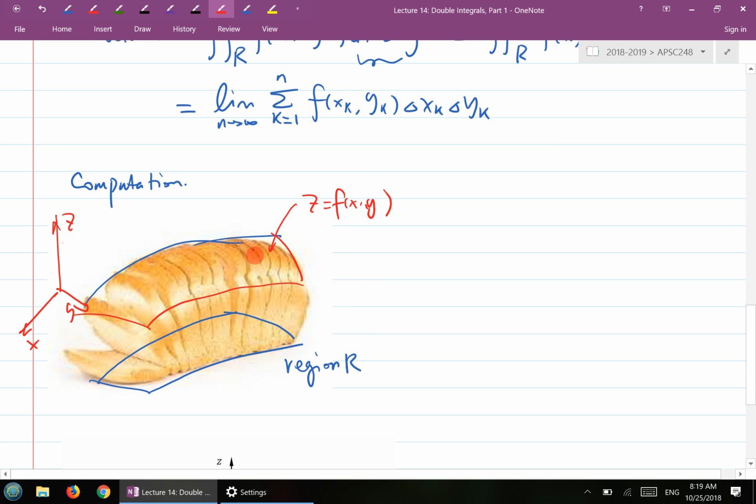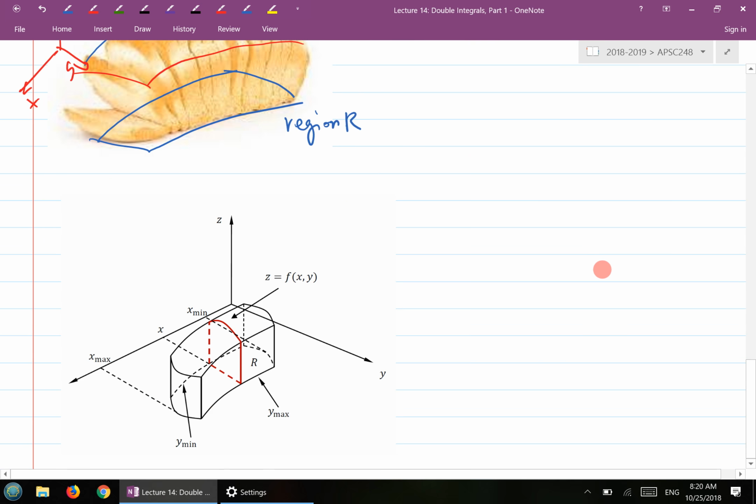We'll try to get the volume of each piece, and then we'll get the total volume by adding up all the small volumes of each piece. Here I'm going to illustrate how to calculate based on that procedure. So the first thing we're going to do is calculate the volume of the slice of bread.